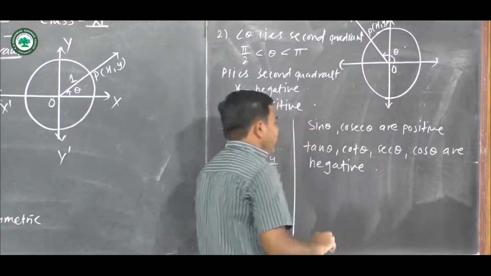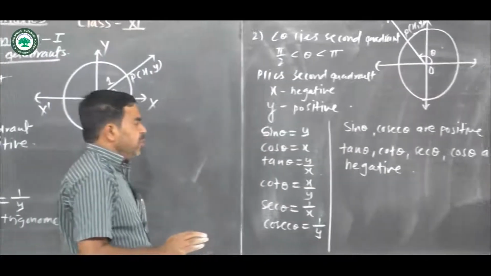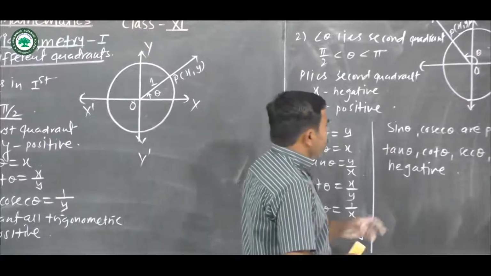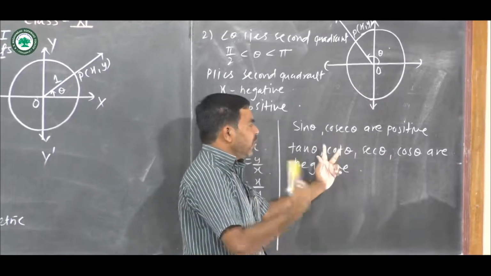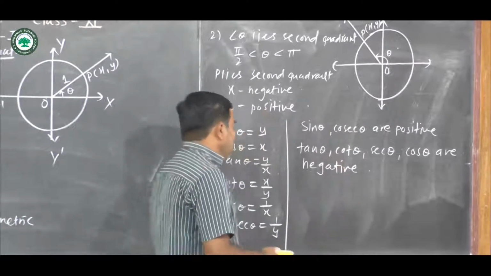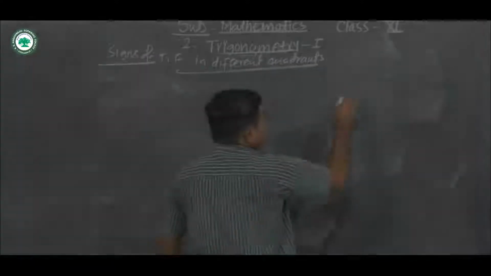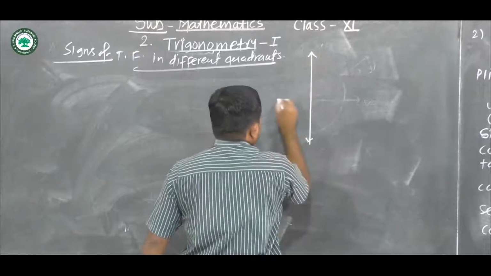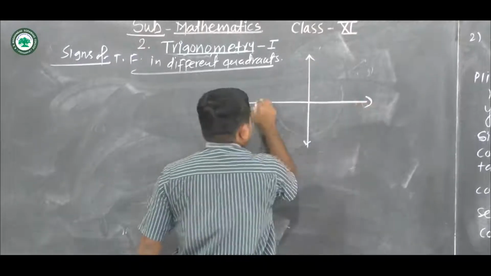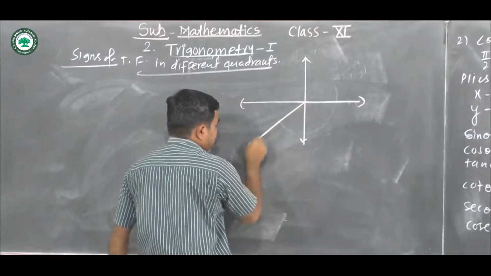So see, in first quadrant all are positive. In second quadrant only 2 ratios are positive, sine and cosec, remaining ratios are negative. Now let's see third quadrant. In third quadrant your angle theta lies here.